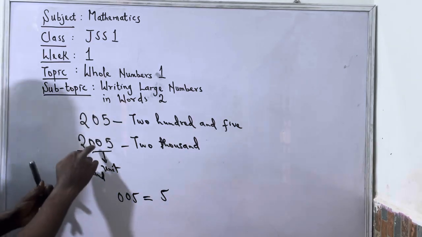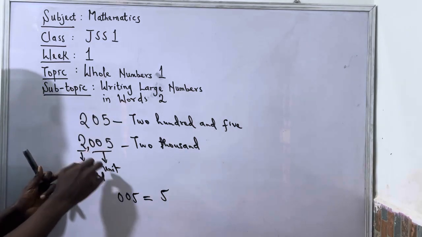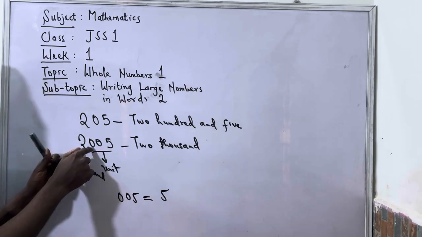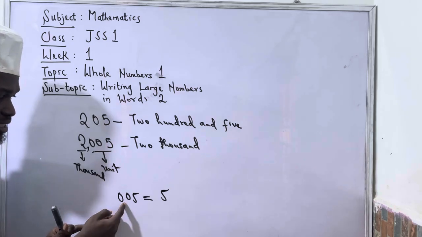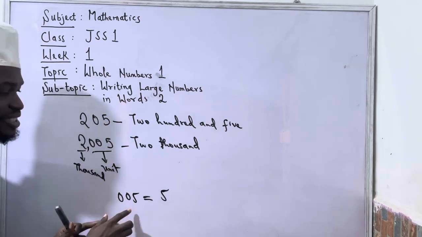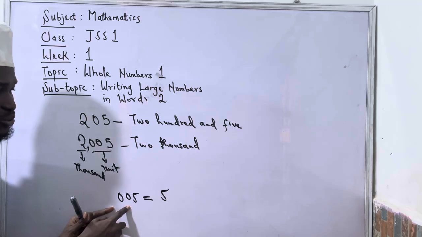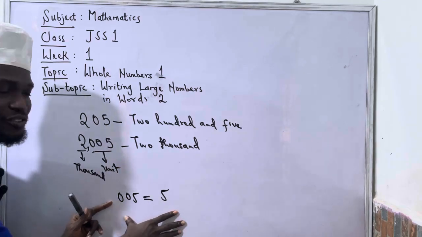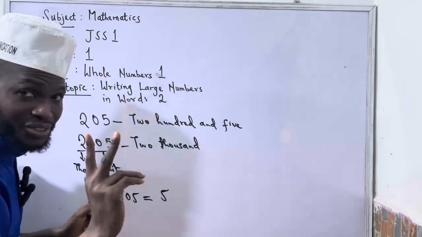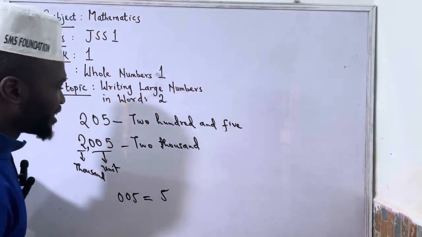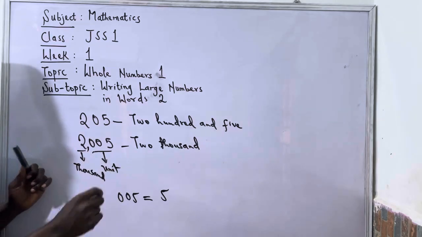Just that in this particular number, these zeros have values. But if you simply write it out like this, these zeros are not significant. They don't have any value. So it's more like saying 5. But even with that, we are not expected to pronounce the zeros.